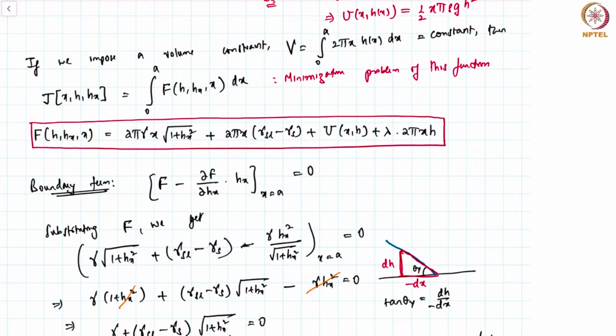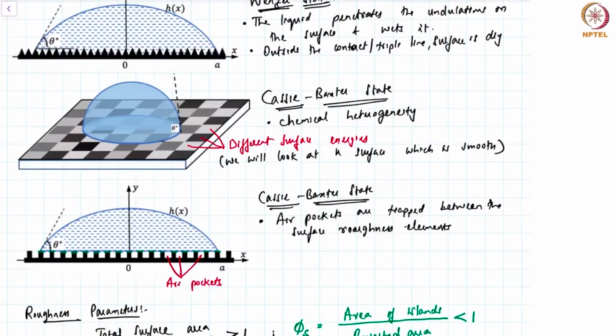The first term that I'm just highlighting now is the contribution from the surface of the liquid and the gas above, right? And that's why you have the surface tension gamma.